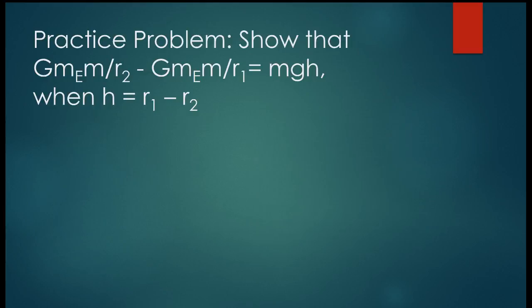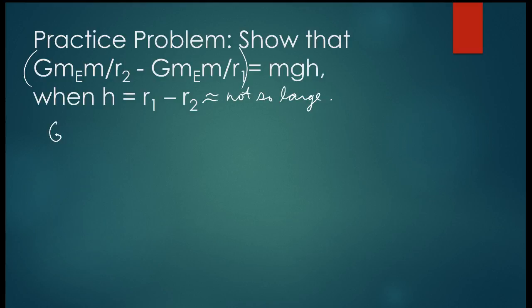Okay, so we're actually going to show that this expression, GMm over r2 minus GMm over r1, is equal to mgh. Okay? And we're going to do this when h is equal to r1 minus r2, which is not so large. So we're talking about close to the surface of the Earth.